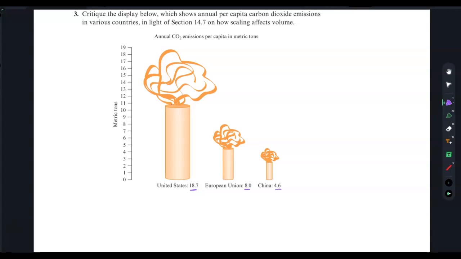We need to keep the size of the graphic proportional to the number it represents. I feel like the heights are good: this height is at 4.6, this height is at 8, and this one's at 18.7, but this looks way bigger than it should.